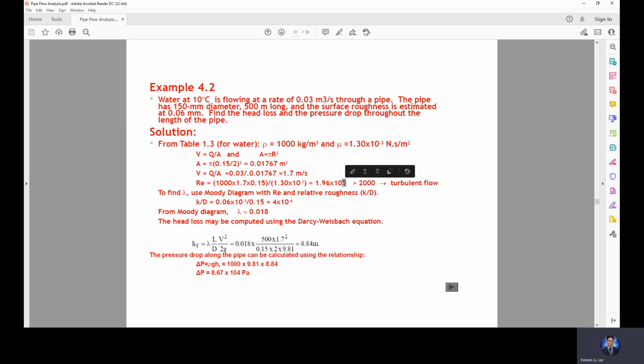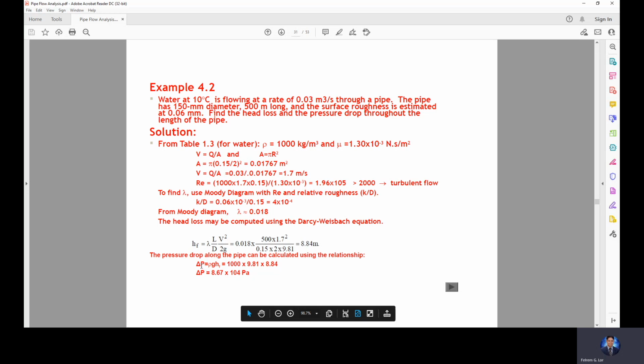Based on that, we can use the friction factor to compute the head loss using the Darcy-Weisbach equation: 0.018 times the length of the pipe, times v squared, which is 1.7 meters per second squared, over D diameter times 2 times 9.81. Be careful with the units: convert everything to meters, so if something is in millimeters, convert it so the units cancel out. So the head loss is 8.84 meters.